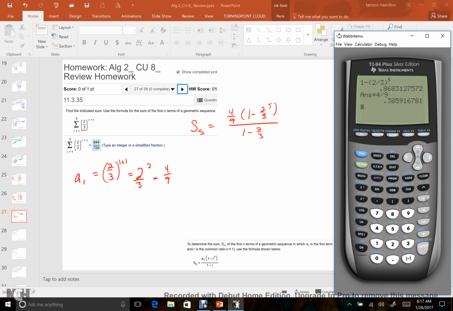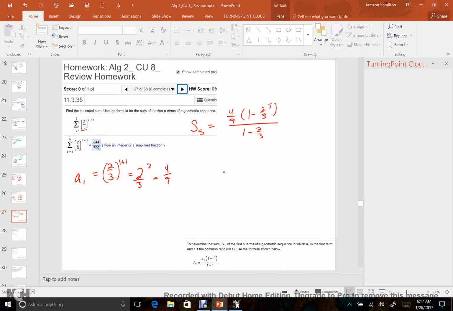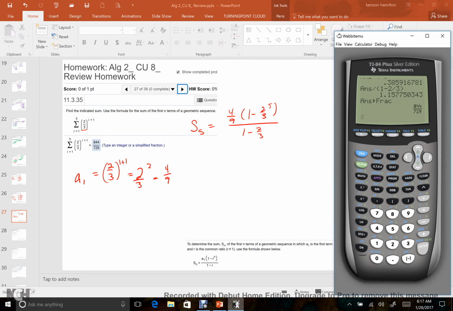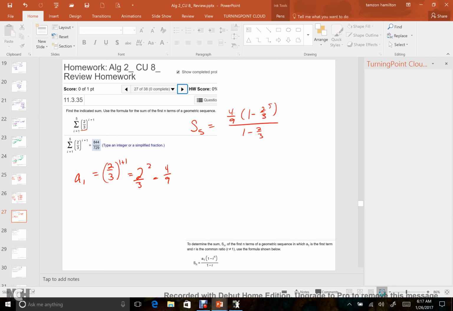And then I'm going to divide that by (1 minus 2 divided by 3). And I get 1.157750343. Math, enter that. And you get the sum, the sum of the first 5 terms is 844 over 729.